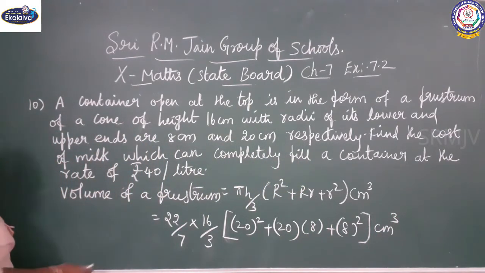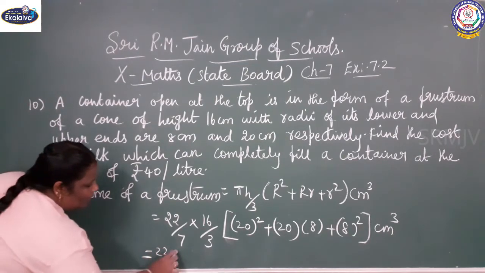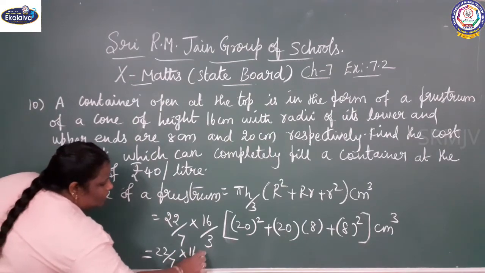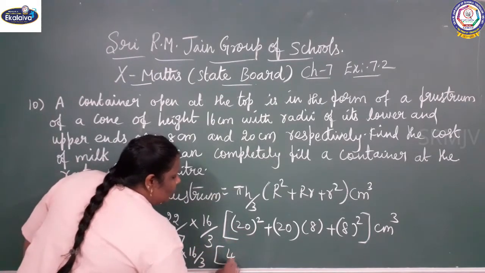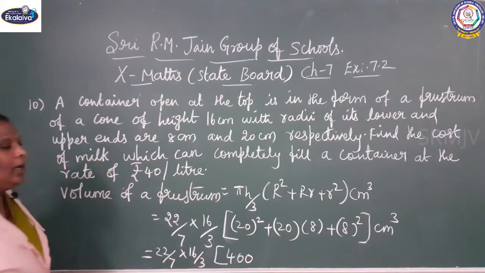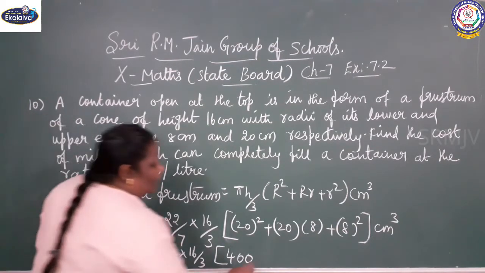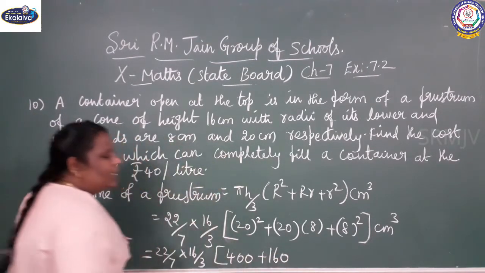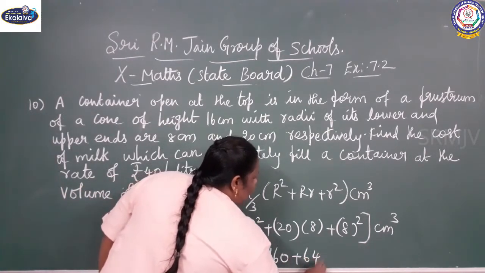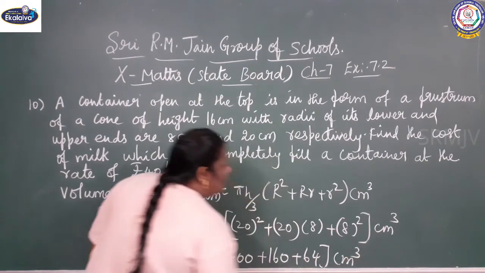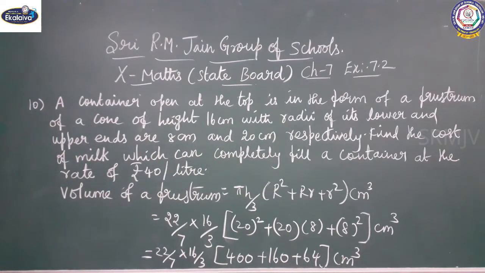So it gives 22 by 7 into 16 by 3 into 20 square, which is 400, 20 into 8 is 160, and 8 square is 64 centimeter cube.